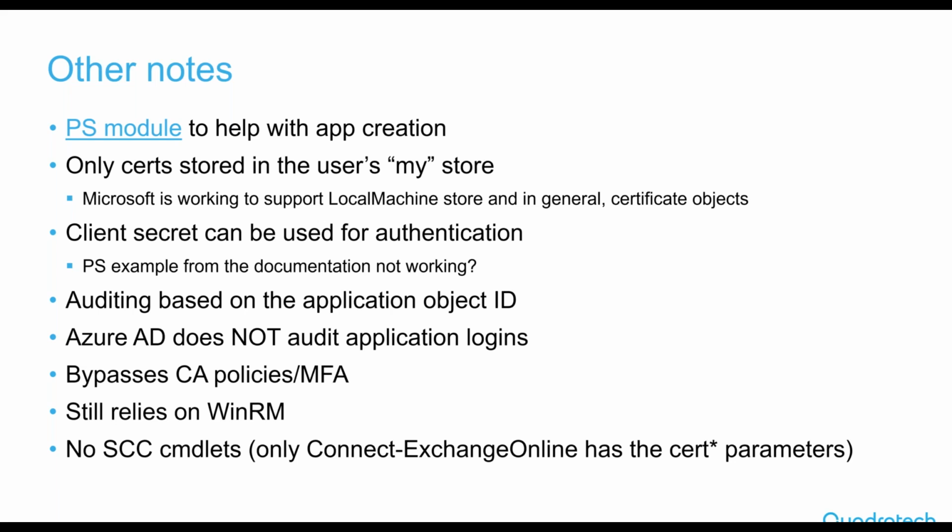You cannot limit access via conditional access policies, via MFA, or anything like this. Effectively, this process bypasses the conditional access pipeline and the MFA pipeline. On one hand, this is a very good thing because it allows us to automate all this. On the other hand, if you want to be more secure, it's not that good.